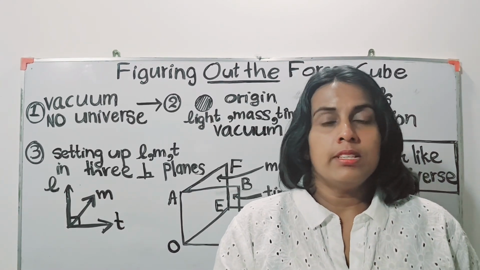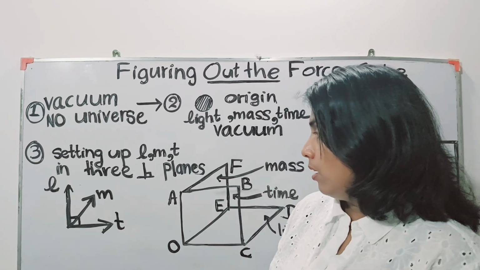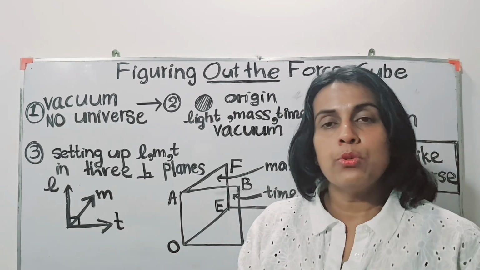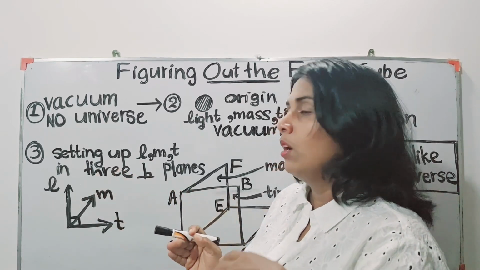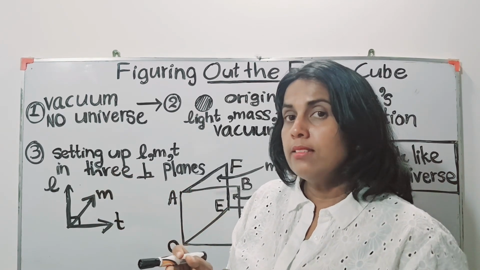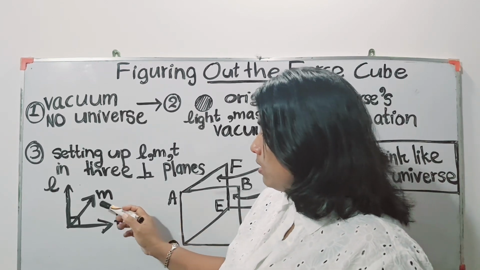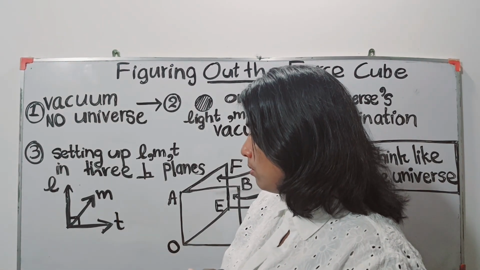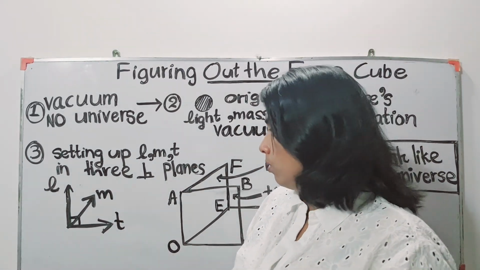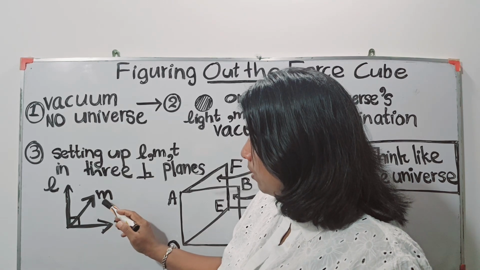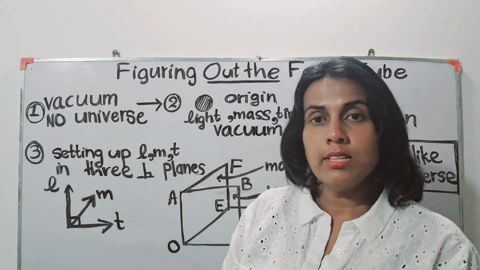Why do we consider the perpendicular characteristic in mathematics? Because, if you take x and y coordinate planes, that is to analyze one component independent from the other. So here the light, mass and time go to an independent existence. Light doesn't depend on mass, mass doesn't depend on time, so everything is independent.